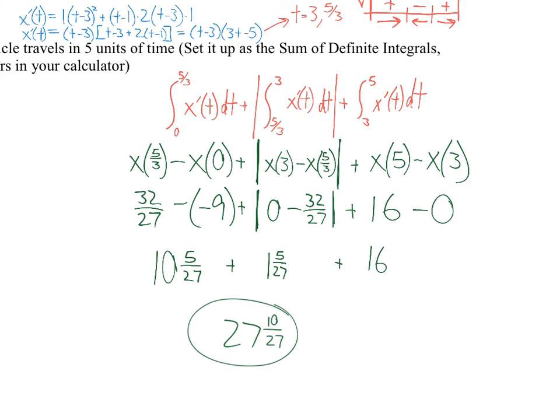Wait, how can you get 0 minus 32 over 27 to equal that? The absolute value. Oh, we took the absolute value, so now it's a positive 32/27, which is 1 and 5/27. Okay? All right.